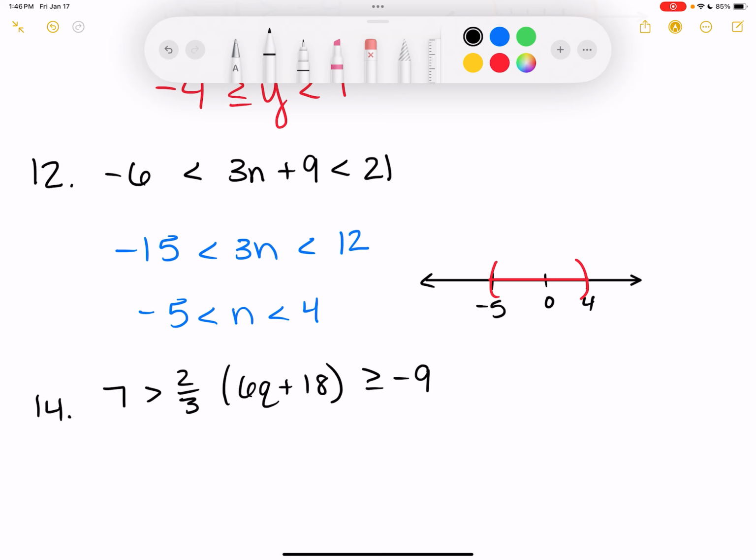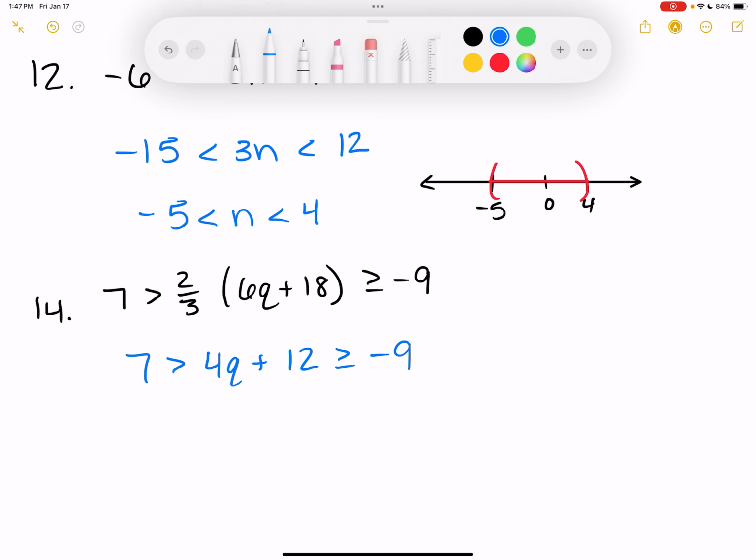So I'm going to distribute this 2/3 to both of these things. So that's going to give me 7 is greater than 2/3 times 6q, the 3 and the 6 reduce, and that gives me a 2, so that's 4q. Plus 2/3 times 18, 3 and 18, that gives me 6 times 2 is 12. So in the middle, I have 4q plus 12, and then greater than or equal to negative 9.